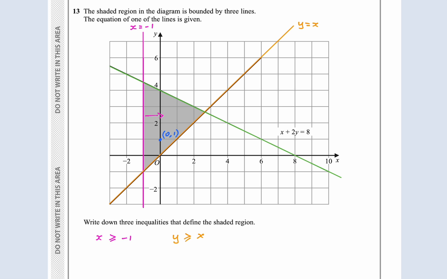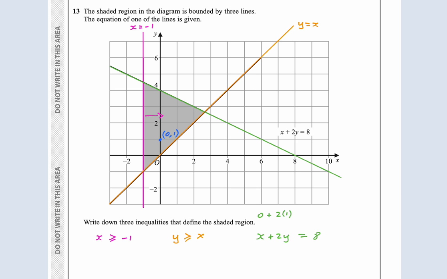And then the last one, which is kind of the hardest one, I have my x plus 2y equals 8. Now these can be confusing, but again, let's put in our point (0, 1). I put in 0 for x, 1 for y, 2 times 1.